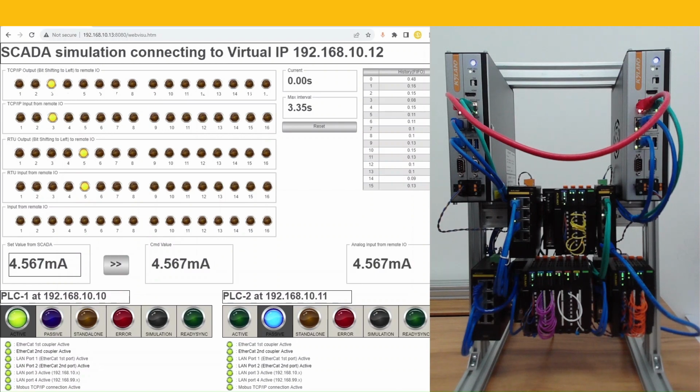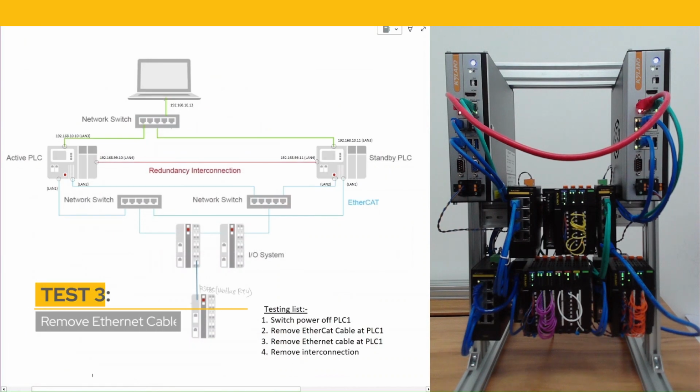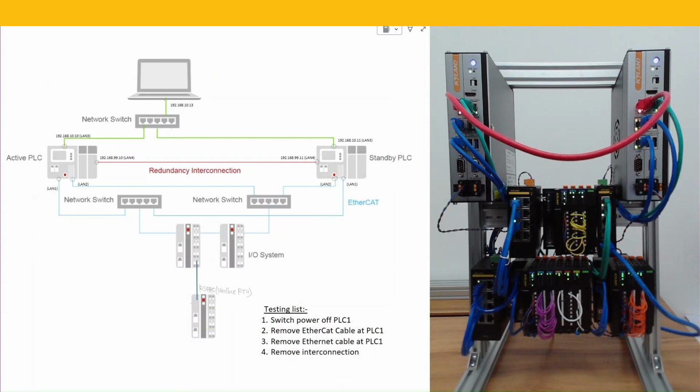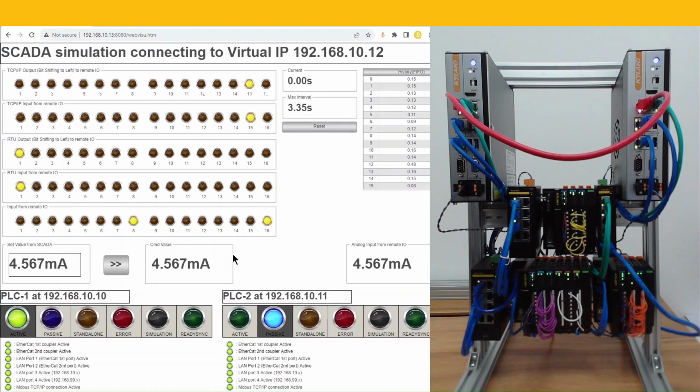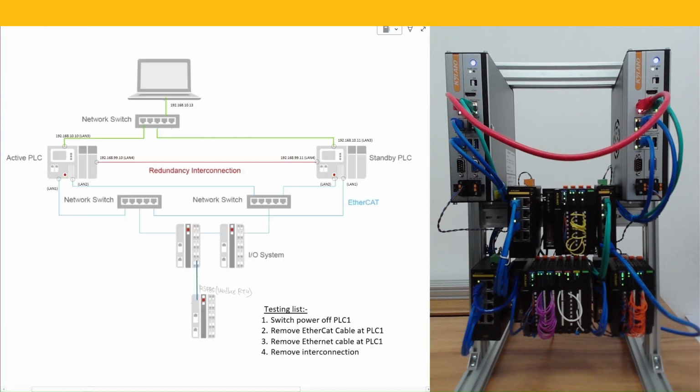Good. We're going to go for the next test, which is to remove the Ethernet cable from PLC1. Let me go back to the picture again. I'm referring to the green cable over here. Let me try to remove it now.